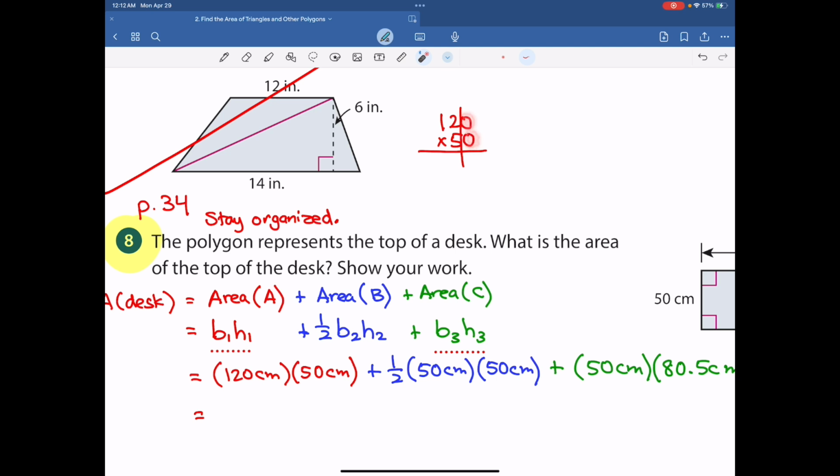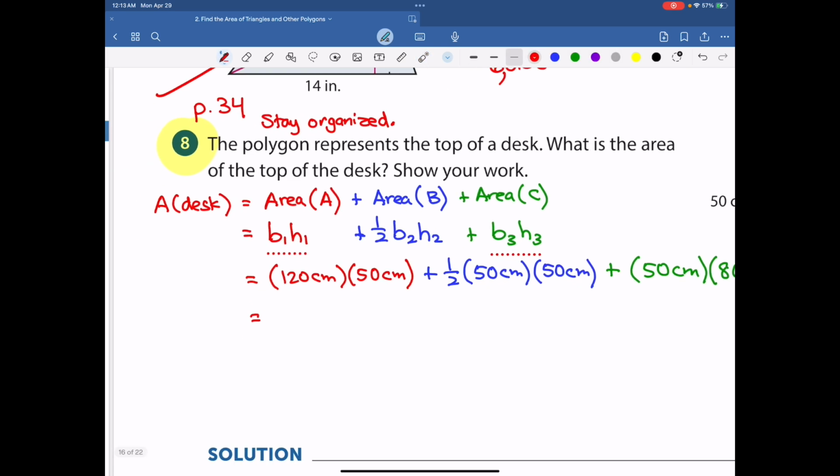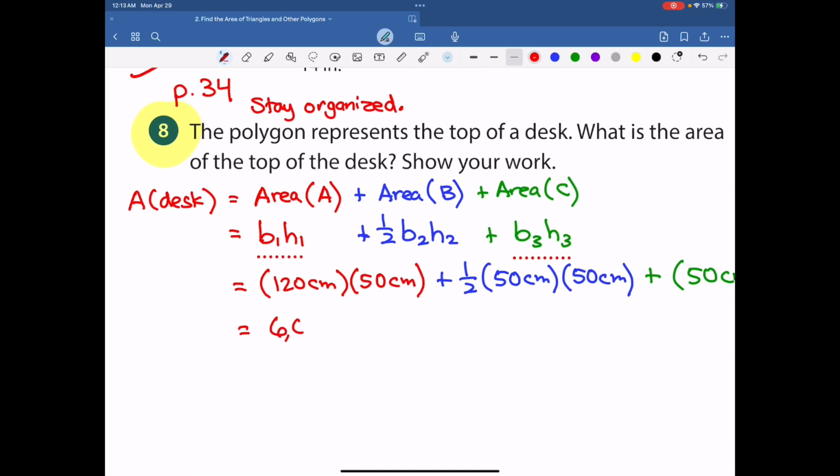So we have 5 times 2 equals 10. 5 times 1 is 5, plus 1 more is 6. And now we can bring down these two hanging zeros. So the answer that I have here is 6,000. So in red, we have 6,000 centimeters times centimeters equals centimeters squared.